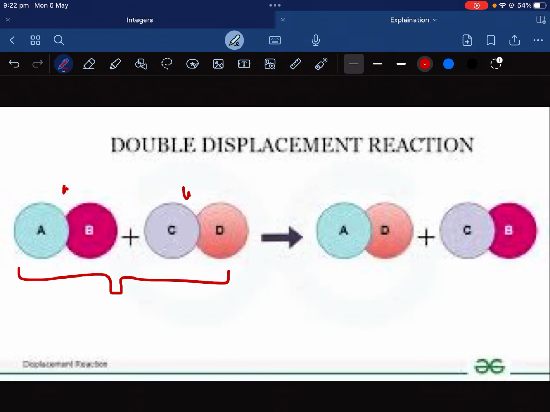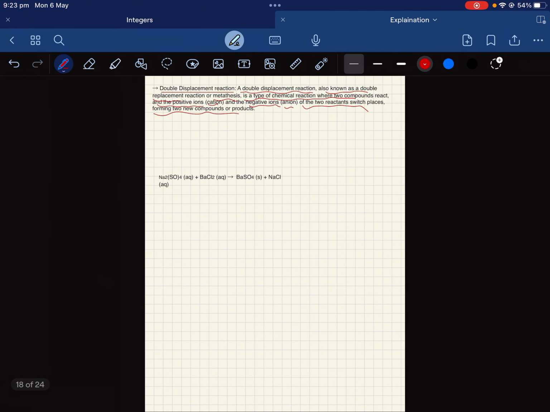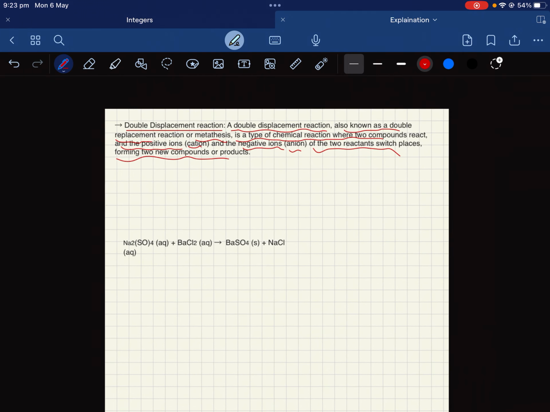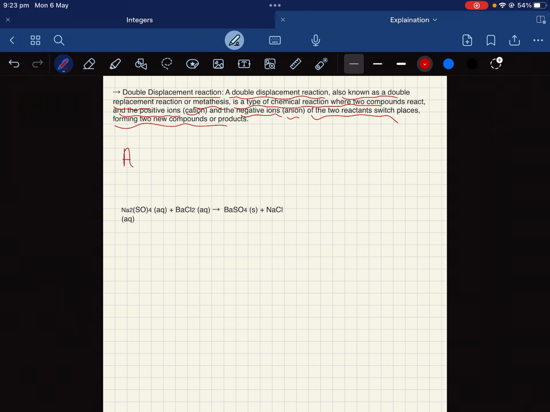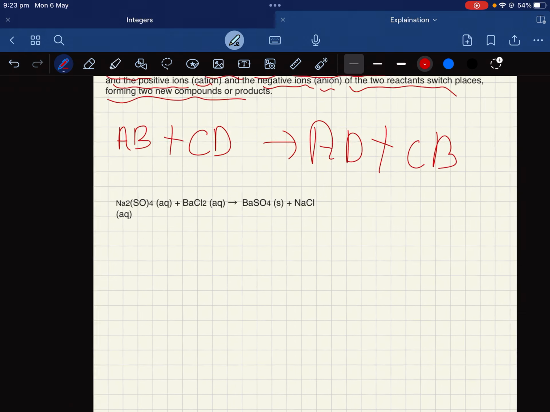What happens is B displaces D and in turn D replaces B. So this becomes AD plus CB. This is a double displacement reaction. AB plus CD reacting to become AD plus CB.